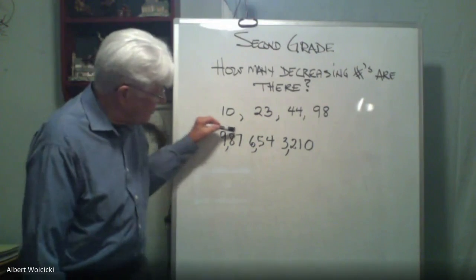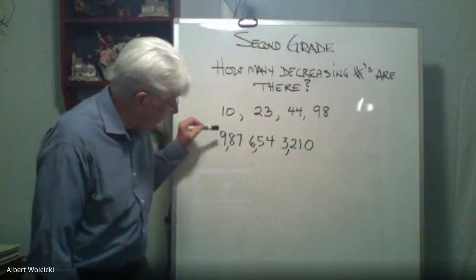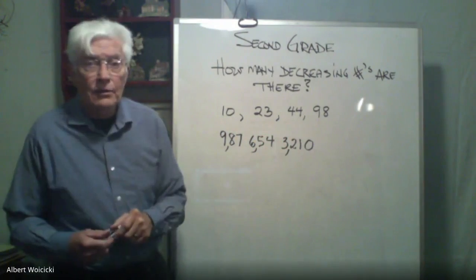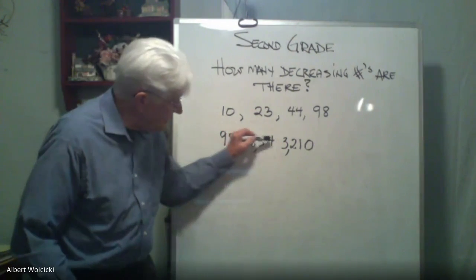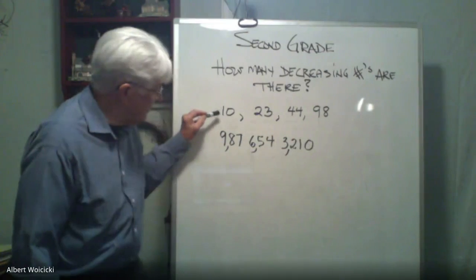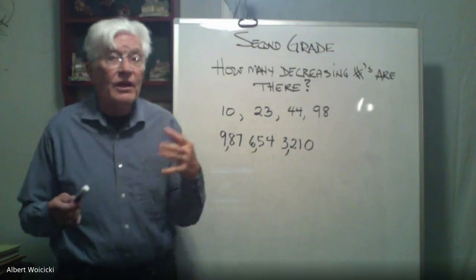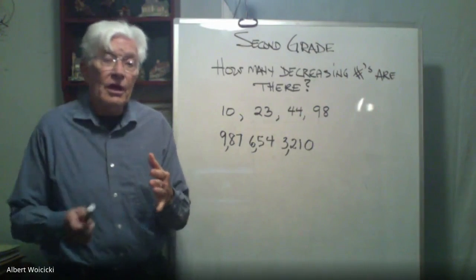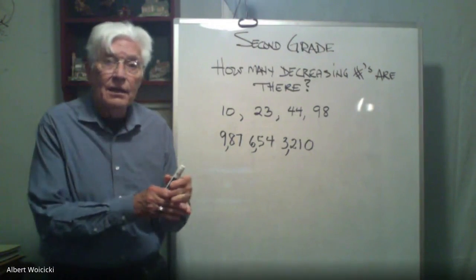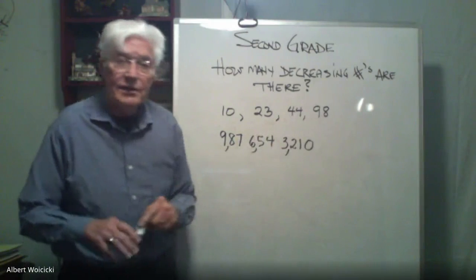Remember, it has to decrease as we go from left to right. So this is our largest decreasing number. This is our smallest. So in second grade, we're only going to think about the numbers between 10 and 98.